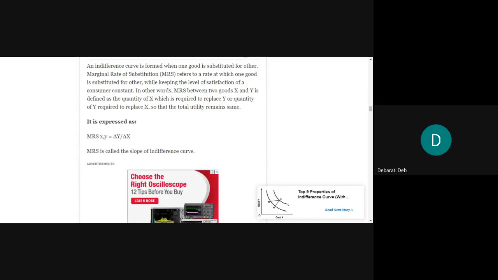Then the marginal rate of substitution, we will name it as MRS. It refers to the rate at which one good is substituted for the other, while keeping the level of satisfaction of a consumer constant. On the basis of the indifference curve concept, we know that the level of satisfaction is constant on a single indifference curve.